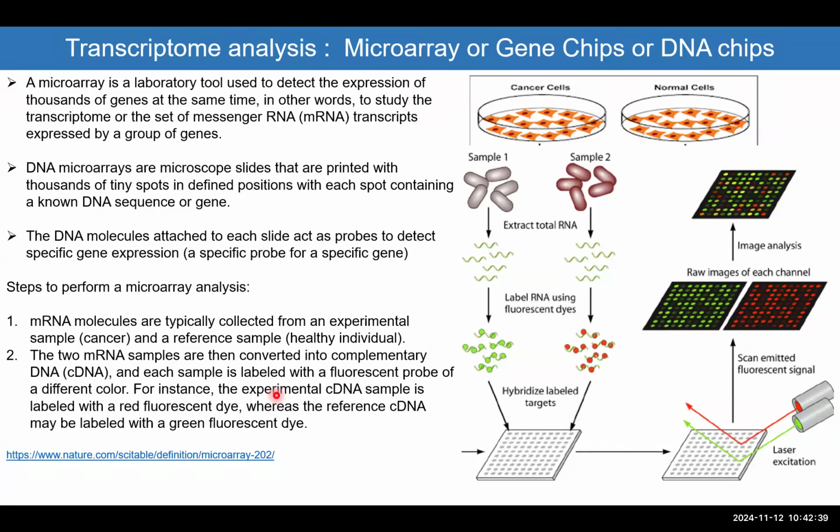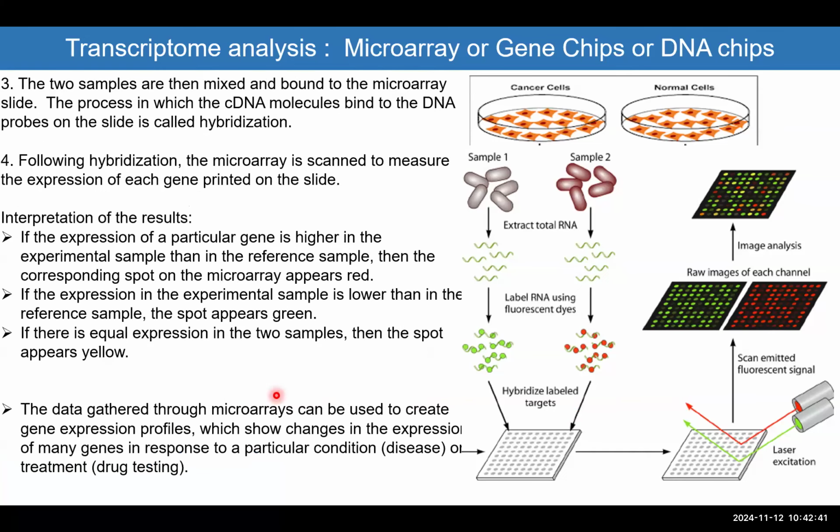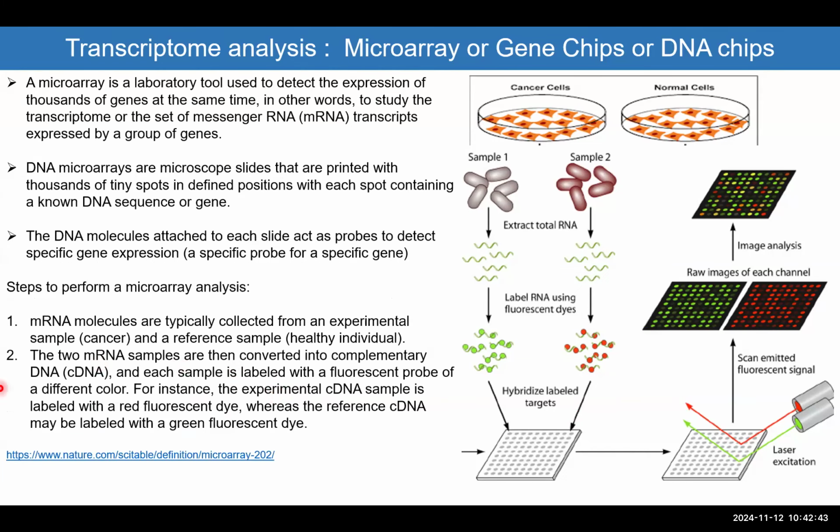Okay? So now let's go a little bit more into the steps. So I wrote the steps for you. The messenger RNA molecules are typically collected from 2 conditions. Then these 2 messenger RNAs are converted into cDNA. And now you know how we do that.